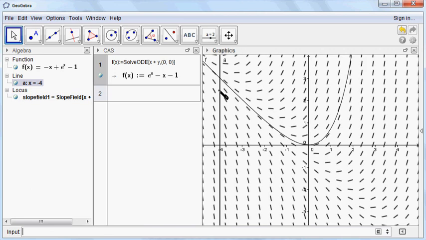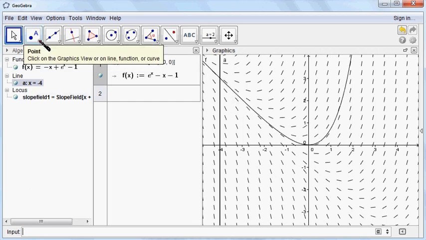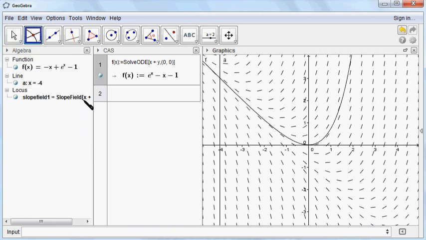Then all you really have to do is find that intersection. There's a tool called intersect here. You just click on the line first and then click on the other curve. Then it tells you the location of that intersection, right?